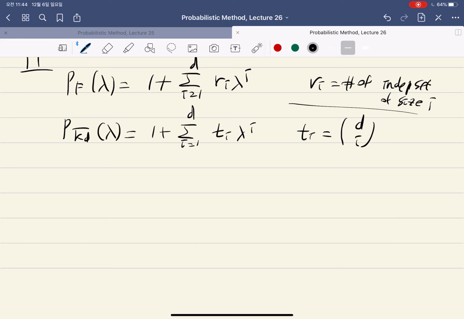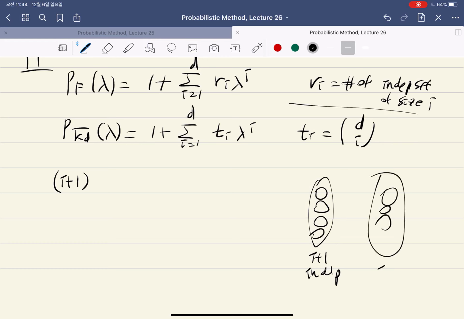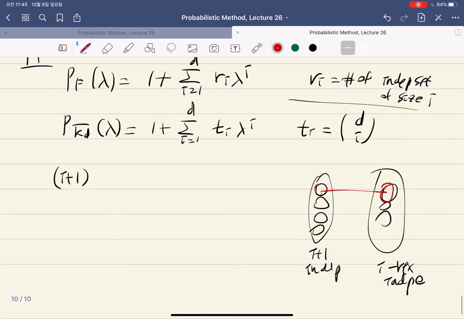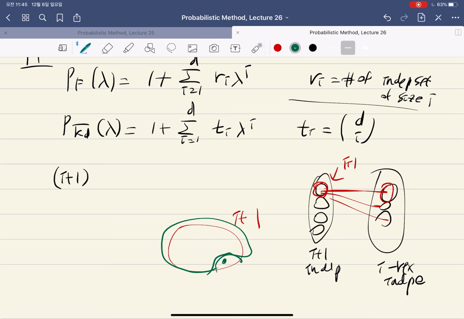But for the first one, what do we know? If we have all i plus 1 independent sets here, this is an auxiliary bipartite graph, and then all i-vertex independent sets here, and then we add an edge between them if this is contained in here. Then every vertex here has degree i plus 1. An independent set of size i plus 1 contains, you just choose one vertex and kick it out, and this is an independent set of size i.